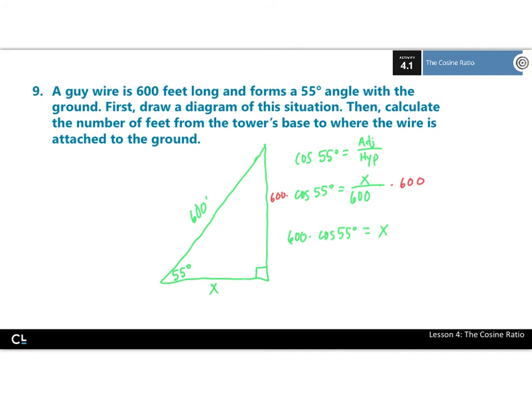Once we get x by itself, now we can go to our calculator and plug this in, and we get that x equals 344.146. It didn't give us a specific thing to round this to for the number of feet, so we could maybe go to whole feet. We'd say 344 feet on something like this.